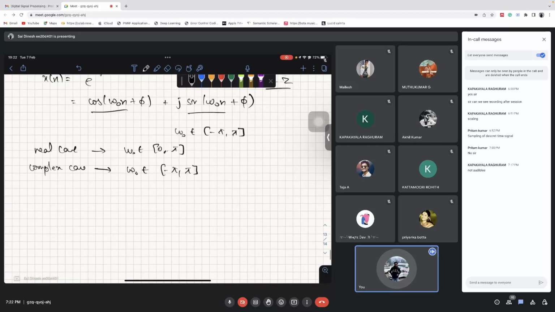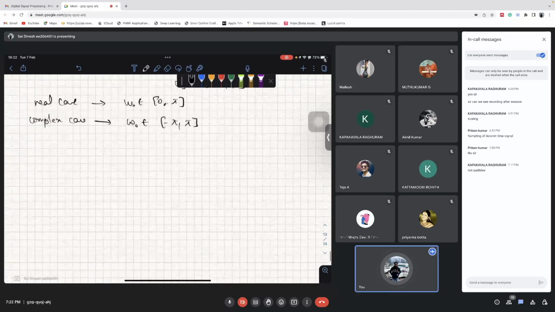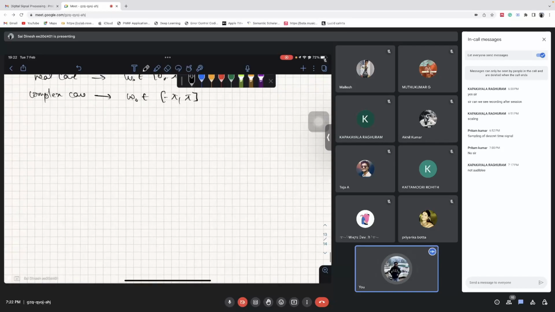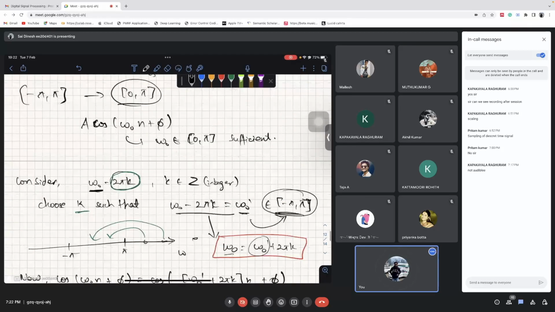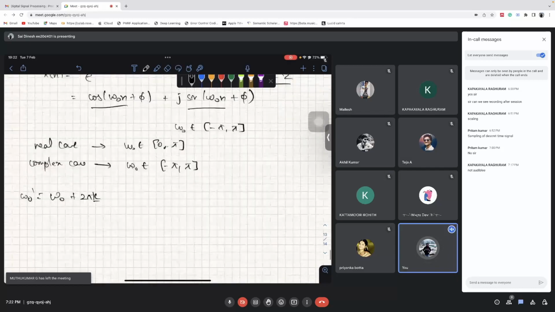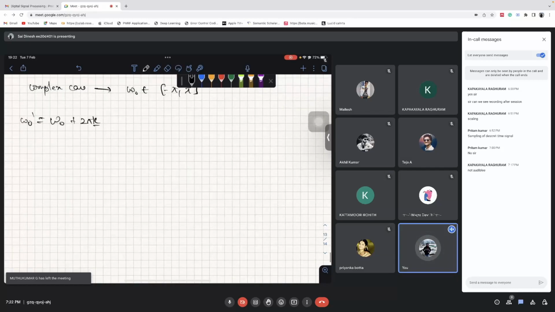Right? Let's do the same proof that we have done earlier for the real case, and see what happens. Take omega naught dash equal to omega naught plus 2 pi k, and then choose k such that it is in the range. So we have a new frequency omega naught dash, equal to omega naught plus 2 pi k.